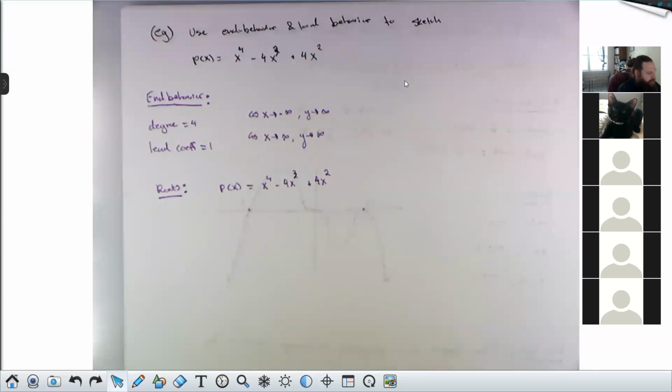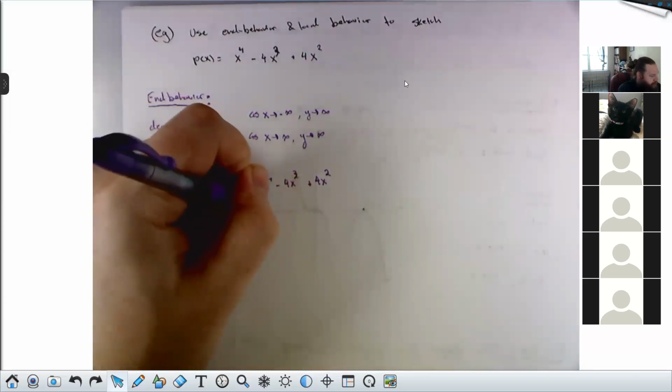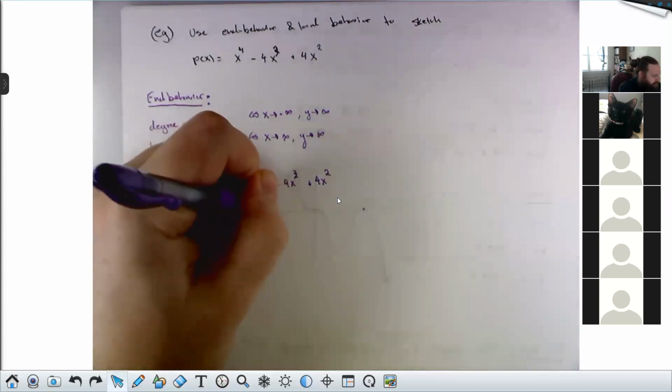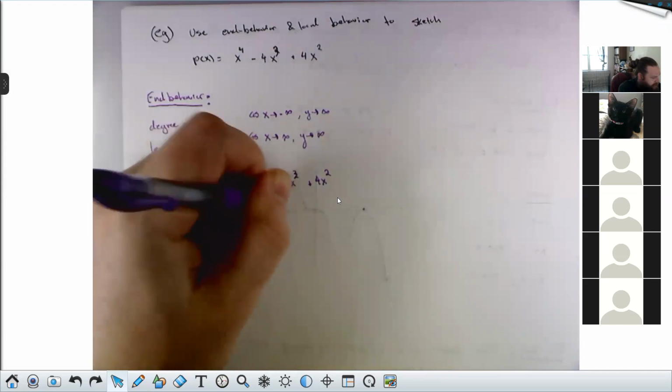And the first thing I see here that I can do factoring wise, well, maybe you tell me what nice easy factoring step can I use here? 0. There is a factor that will give us a root of 0. The factor that we're going to extract here is x squared.